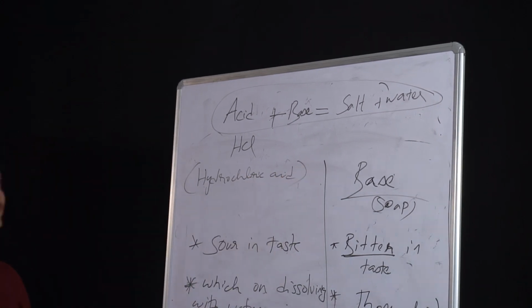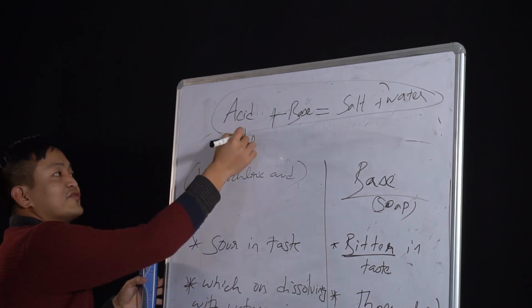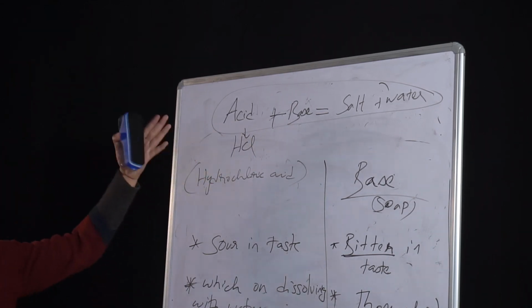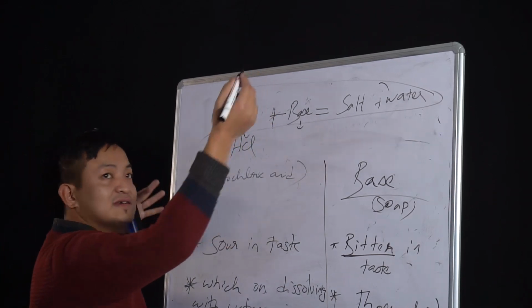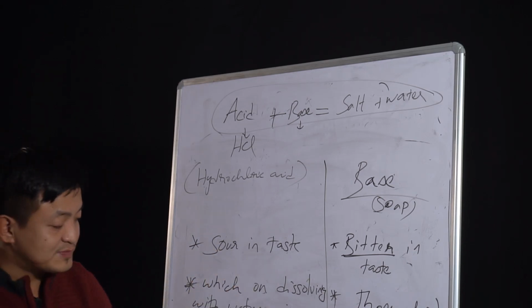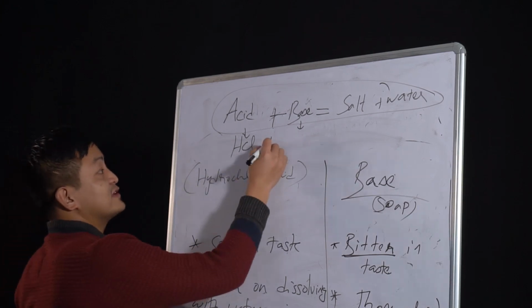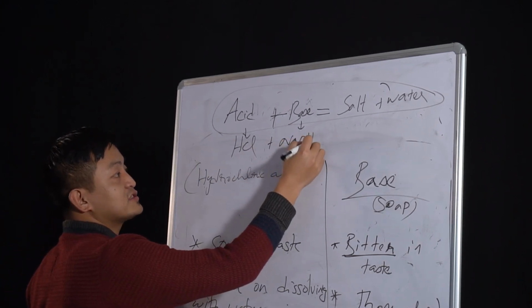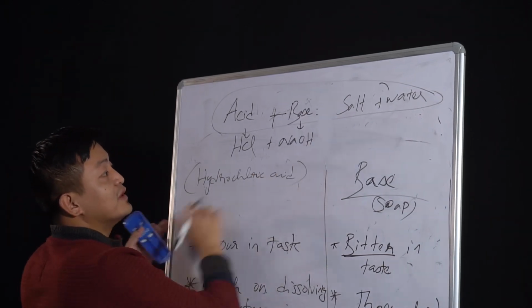This is also one of the strongest acids. I've given an example of a strong acid, HCl. Now let's give another strong base. Let's pick from here, NaOH, it's a base.